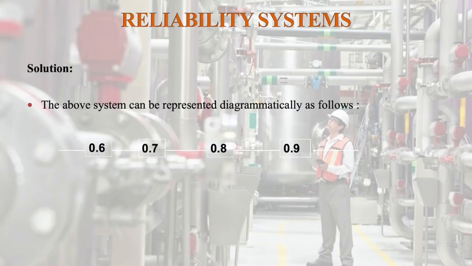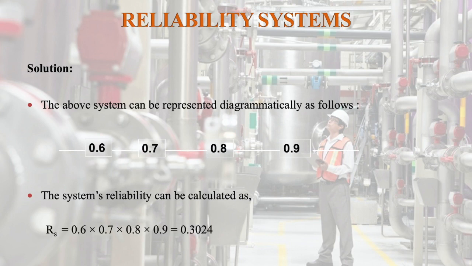So, solution here. The above system can be represented diagrammatically as follows. So R1, R2, R3 and R4 are given in series and their values are all given. So R1 is equal to 0.6, R2 is equal to 0.7, R3 is equal to 0.8 and R4 is equal to 0.9. The system's reliability can be calculated as, this is the overall reliability or total system reliability.